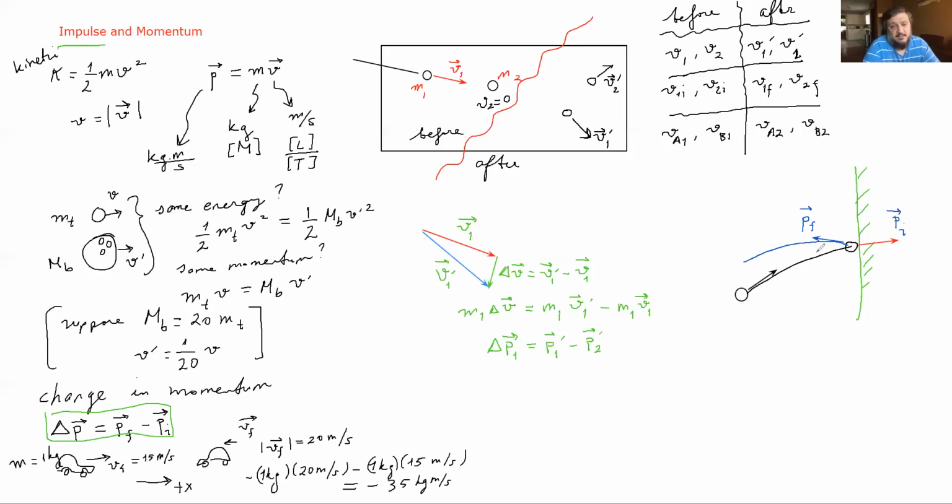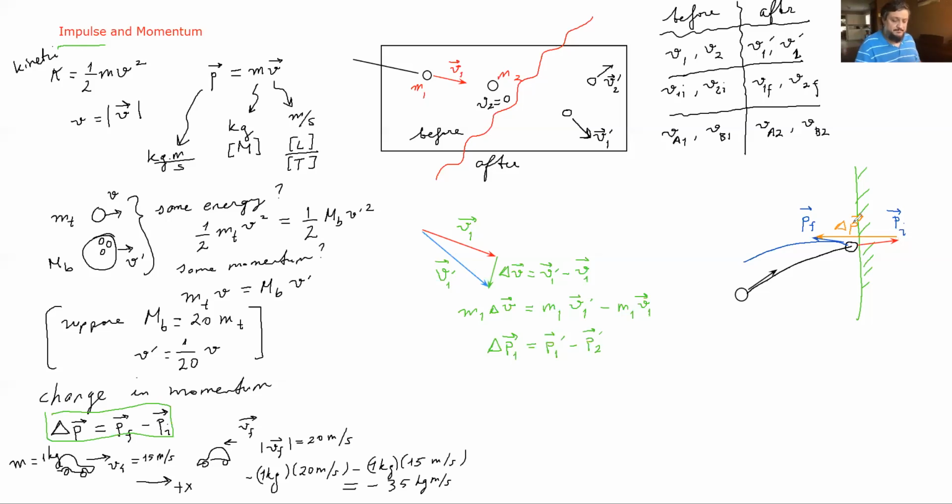So then delta P will be found using the regular laws of addition and subtraction of vectors, like this. Okay, this will be delta P. All right.